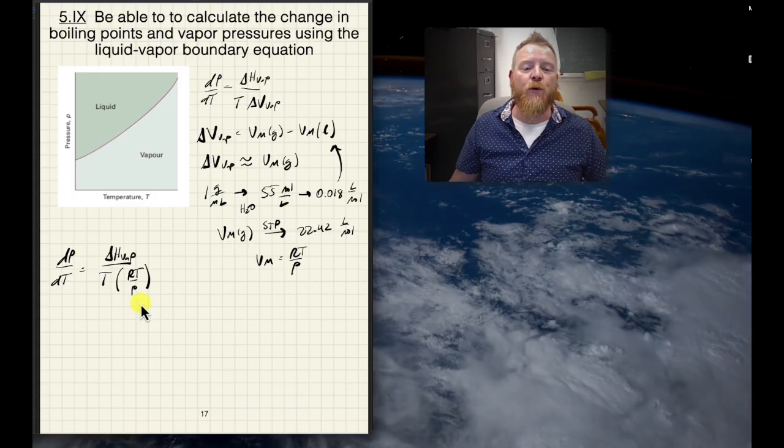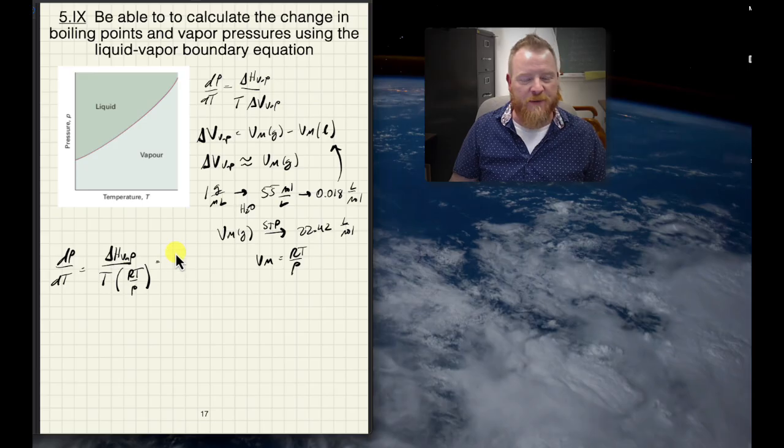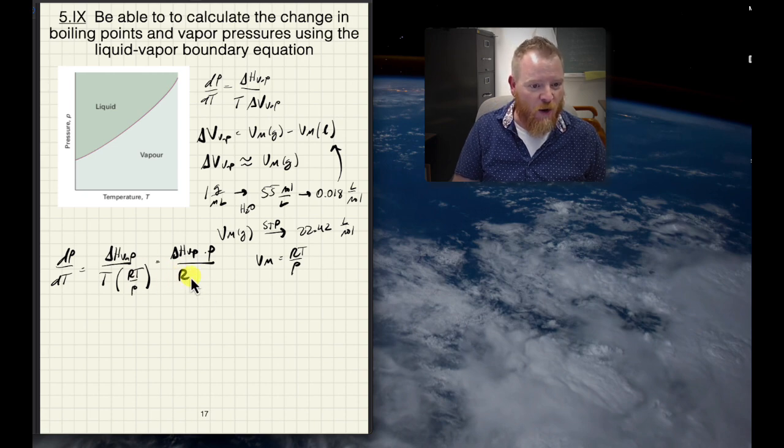Now we've got to play the same game as before by separating our derivatives and integrating both sides. Cleaning up our algebra a little, this becomes delta H of vap. I've got 1 over 1 over pressure, so now pressure is on top. And now we can see that there is a T squared and an R.